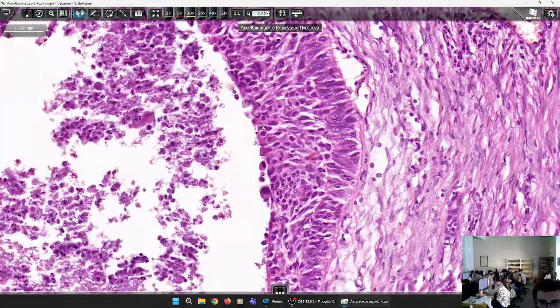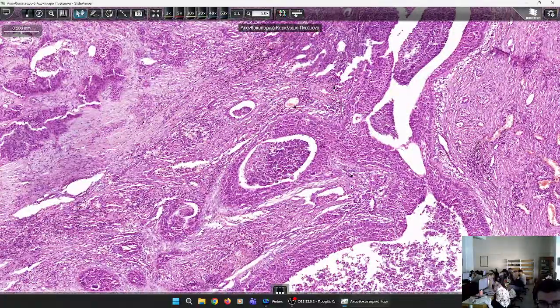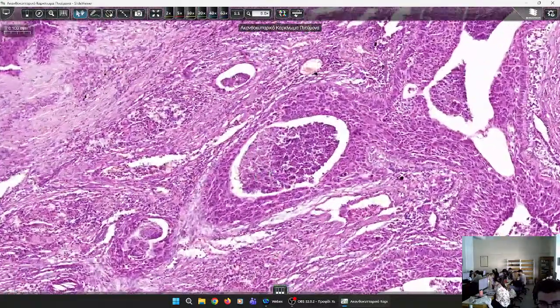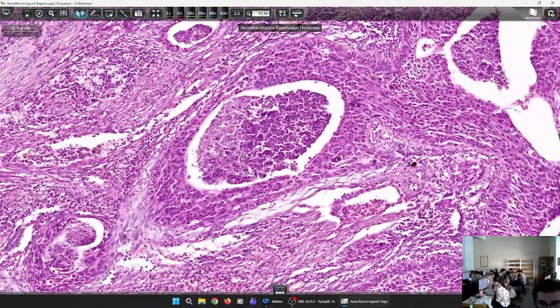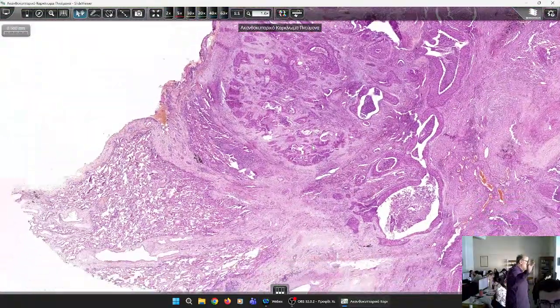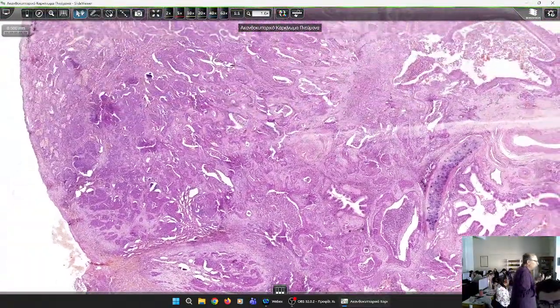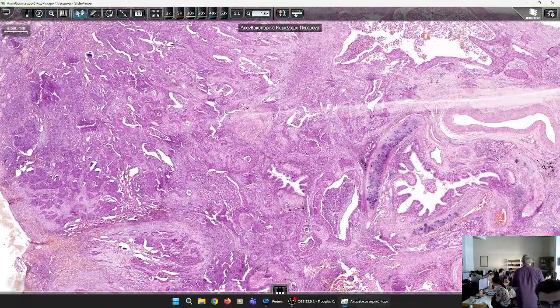So always, when you see lumen-like structures in a cancerous formation, you have to identify them as true lumens indicative of adenocarcinomas or false lumens, where you cannot tell if it is an adenocarcinoma or a squamous cell carcinoma. So in this case, you see dirty necrosis.